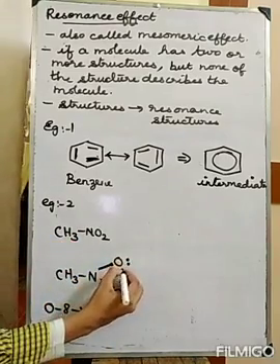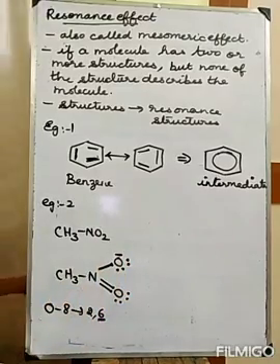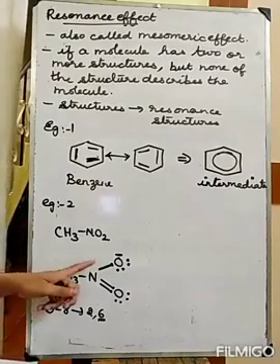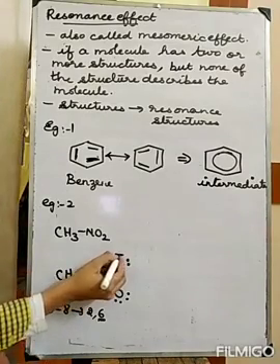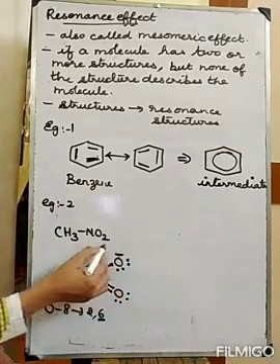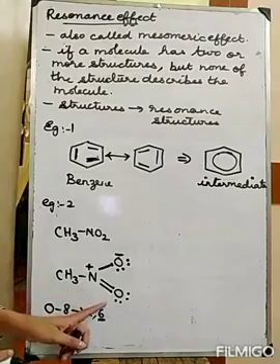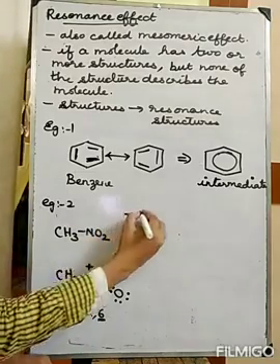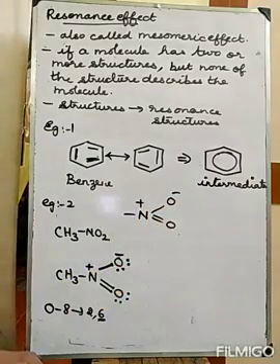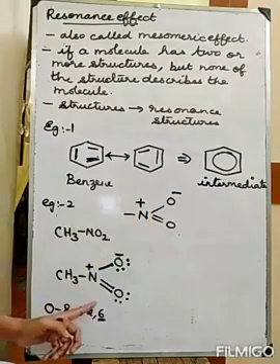So 1, 2, 3, 4. 5th electron I am representing as negative charge, because the electron's charge is negative. Now since it is having a negative charge, this nitrogen will be having a positive charge. This is the actual structure of the nitro group. So nitro group means always we will write like this only. But you should know how we are getting this positive and how we are getting this negative charge.